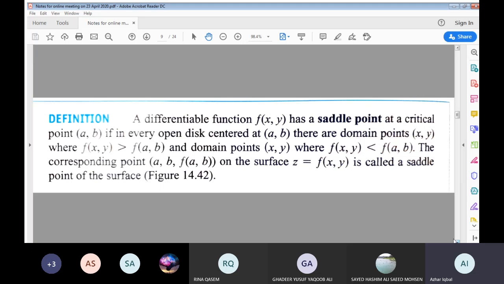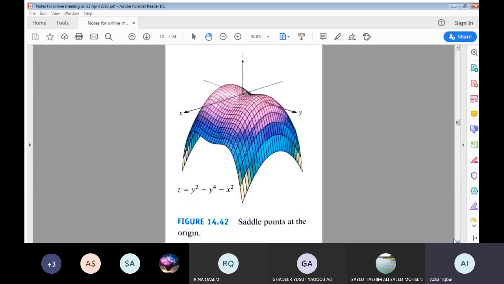So this is a very interesting situation, and it happens, for instance, in this kind of surface. This is a saddle surface. You can refer to the saddle when you ride a horse. You sit here, and it's a similarly looking surface.